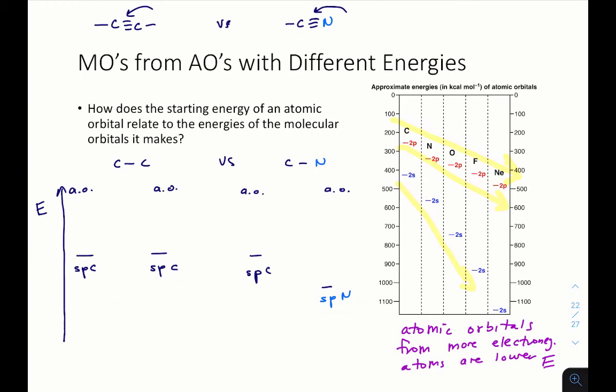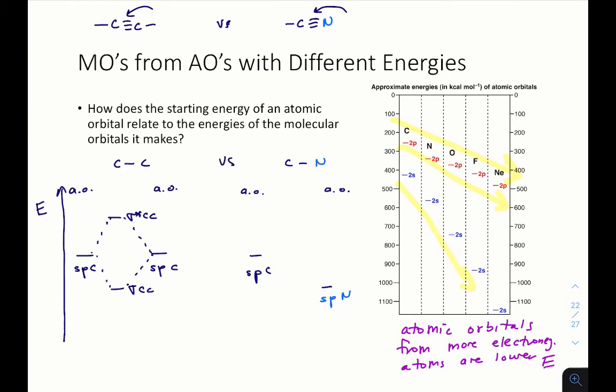Let's start by considering the sigma orbitals formed from the combination of two sp orbitals on carbon. Just like for the ethane example, when those two sp orbitals combine, we'll form two new orbitals: a sigma orbital that is lower energy than the atomic orbitals, and a sigma star antibonding orbital that is higher energy than the starting atomic orbitals.